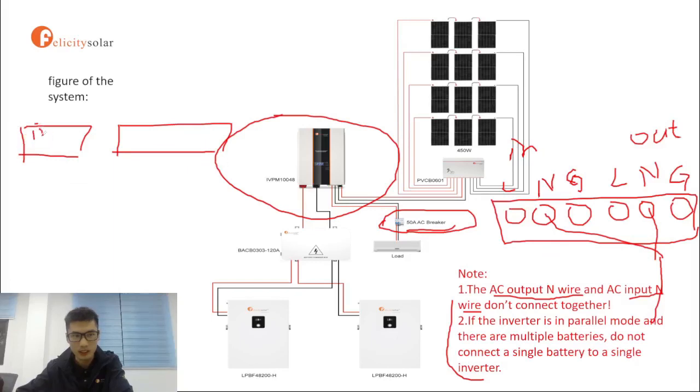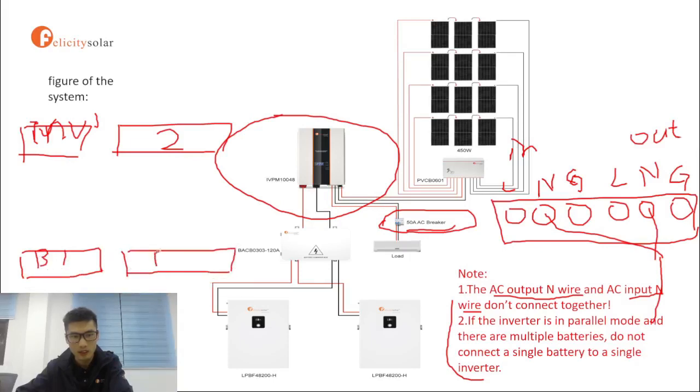So here is inverter 1, and here is inverter 2. And here we have two batteries. This one is battery 1, and this one is battery 2. Here, do not connect a single battery to a single inverter.